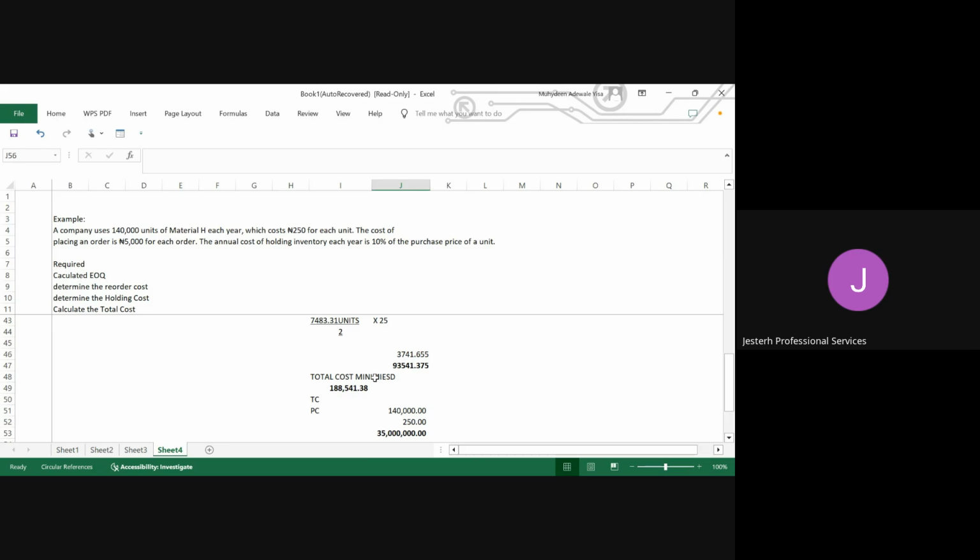The cost that you get from the reorder level costs plus your holding costs is going to be the total cost minimized in bringing the materials into the organization. So I hope I was able to answer your question, Mr. Abdurrahman.